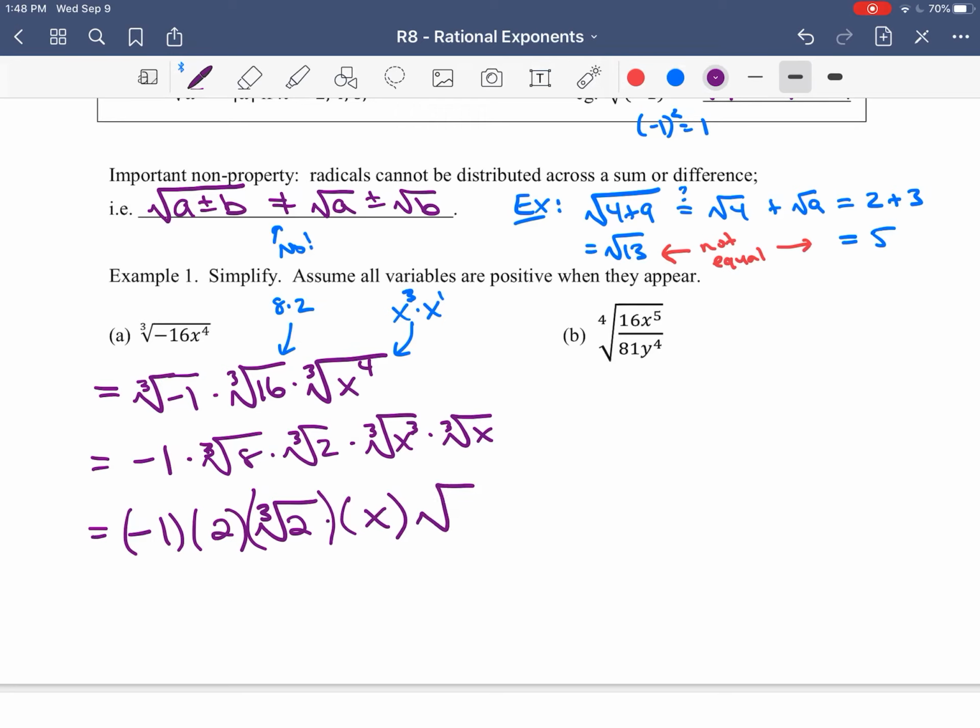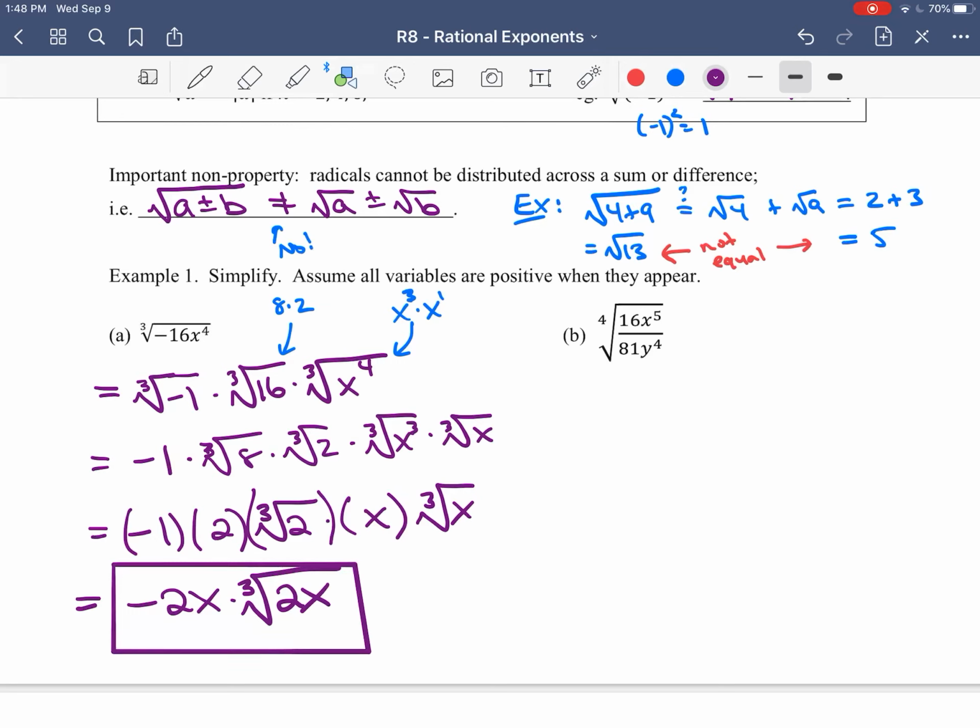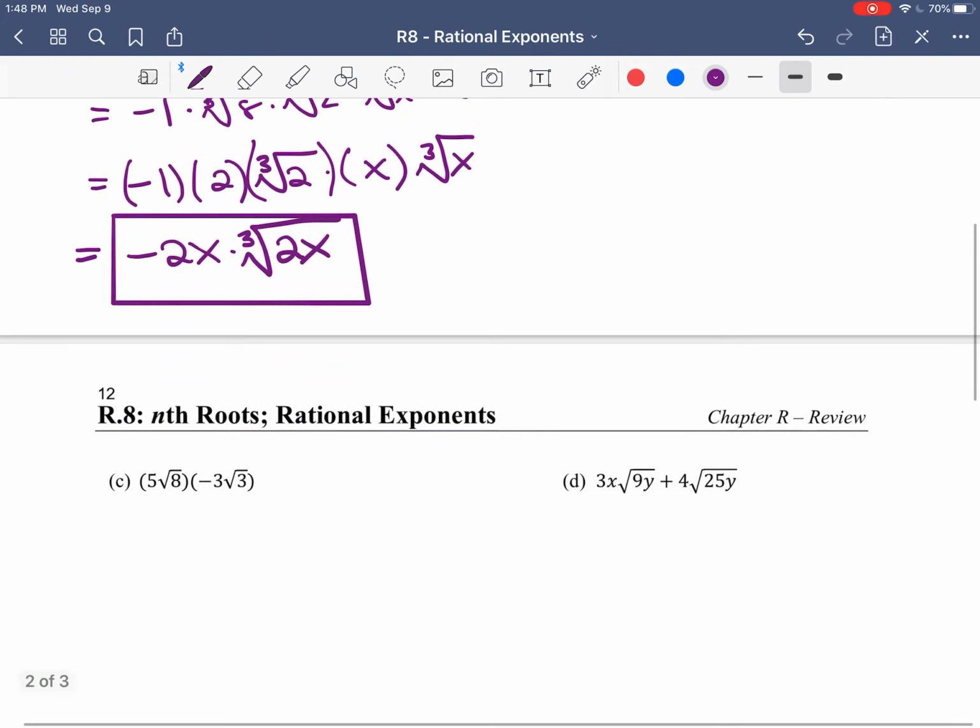And then I have cube root of x here. So if I put all these things without roots out front, I'm going to have negative 2x. And then I can actually go backwards as well. Because this one and this one are multiplied, I can put them back under the same cube root. So it's going to be negative 2x times the cube root of 2x. So that's my simplified version. So you give a whirl to part B here.